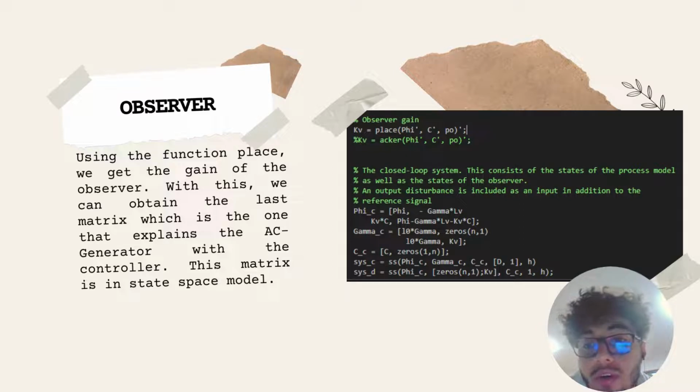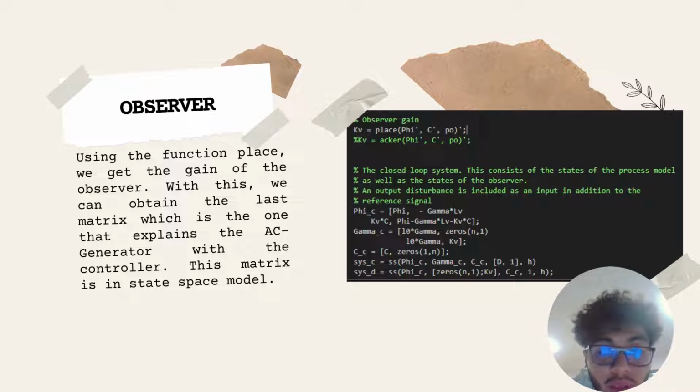Then we have the observer. Using the function place, we get the gain of the observer. With this, we can obtain the last matrix, which is the one that explains the AC generator with the controller. This matrix is in the state space model. So we use, as I said, the function place to know the matrix.